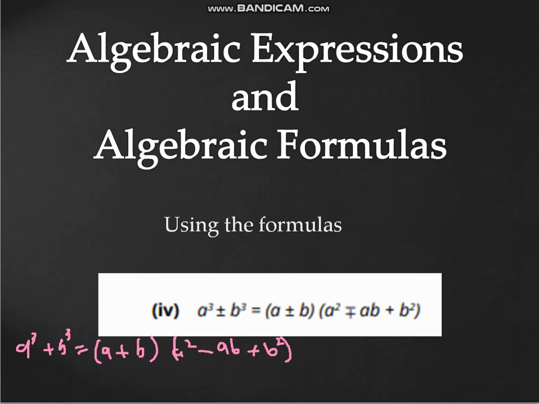And when you talk about a cubed minus b cubed, that is a minus b times a squared plus ab plus b squared.